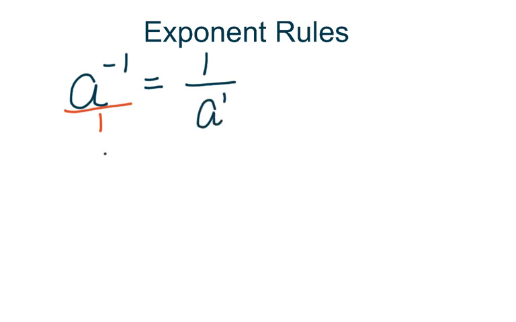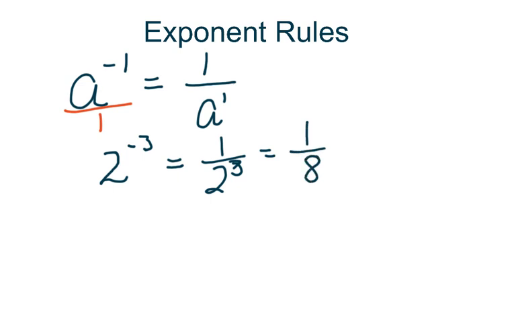Let's see an example with numbers. If we have 2 to the -3rd power, that is actually the same as 1 over 2 to the 3rd, which is 1/8, because 2 times 2 times 2 is 8. If we're looking at variables, it works the same.